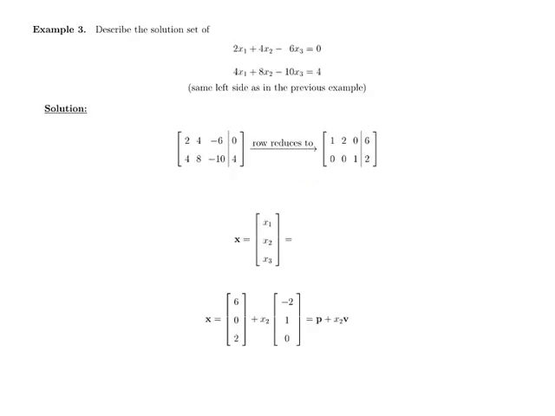So now we're going to look at the same problem, but we're going to change the right-hand side of this equation. So this is a non-homogeneous system. That means that we don't have zero on the right-hand side of that equation.